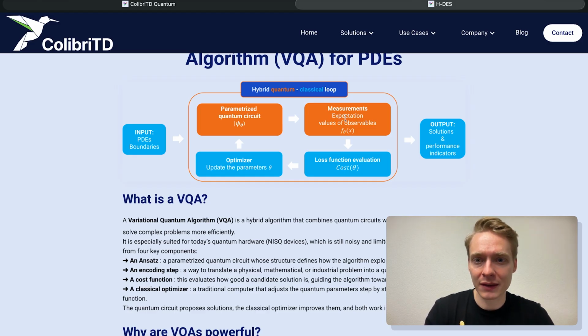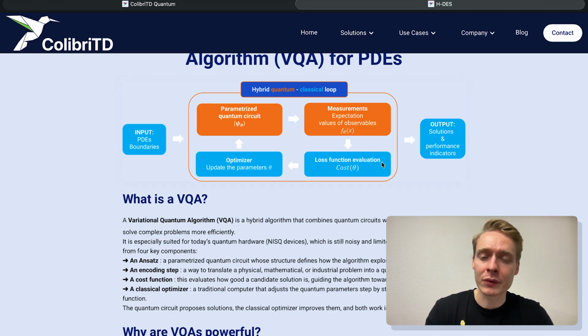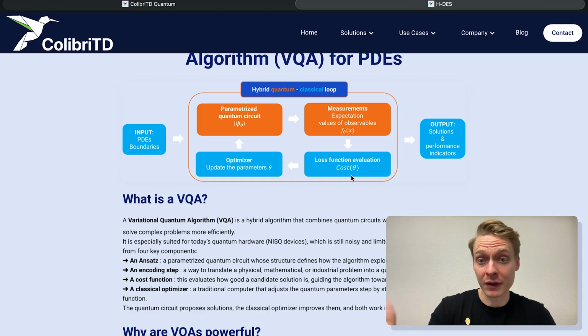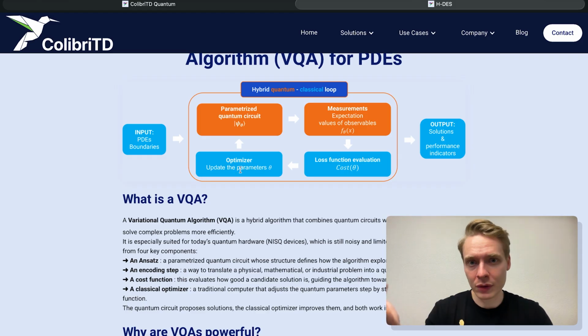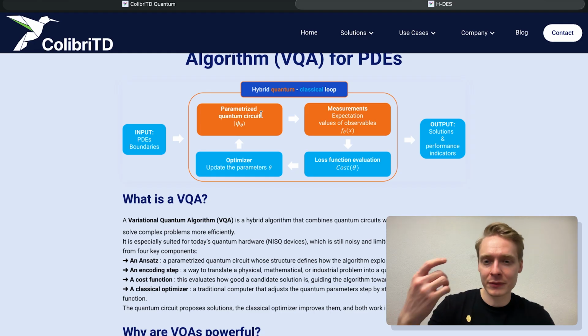So measurements, expectation values of observables. You have your loss function, so you compare the output to the output that you would want to have. So that's the machine learning part, right? More or less. And then you run your optimizer on your classical system as you do it already today with neural nets and whatever. You tune this parameter, in this case the angle, and then you run the same type of thing again.